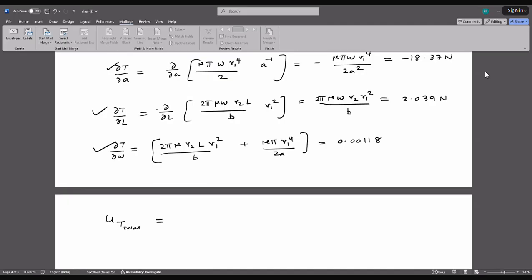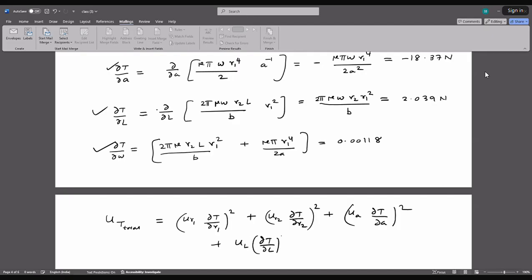That is, U of R1 into ∂T over ∂R1 square plus U of R2 ∂T over ∂R2 square plus U of A ∂T over ∂A square, whole square root.